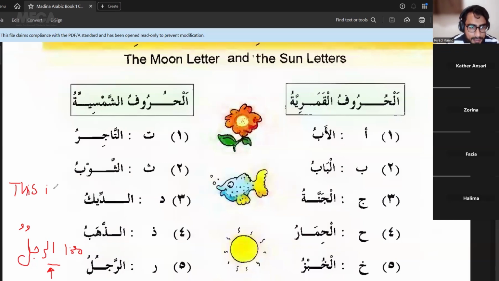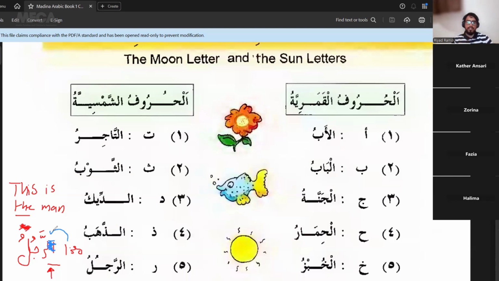This is the man. هذا الرجل. So if there's a هذا in front, I'm just not going to say these two letters. I'm just jumping straight to هذا الرجل. Okay.